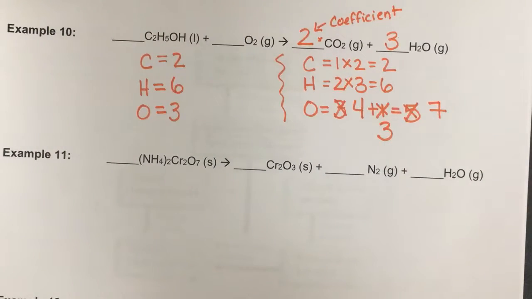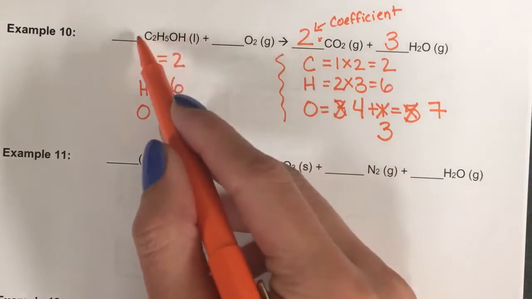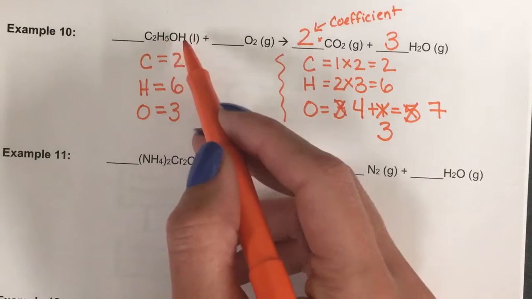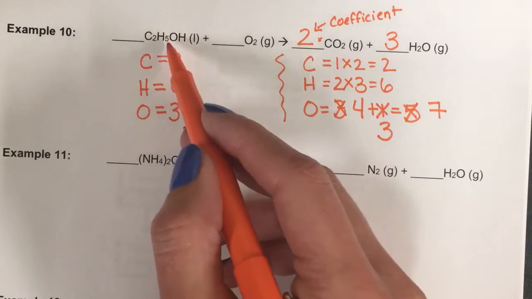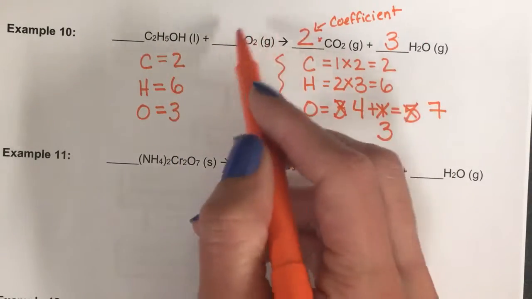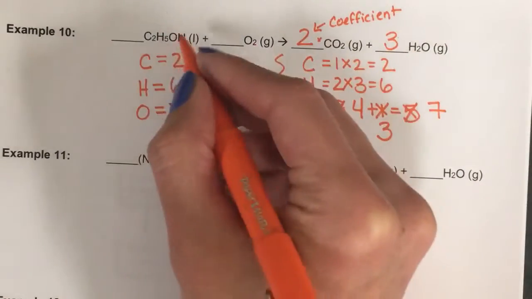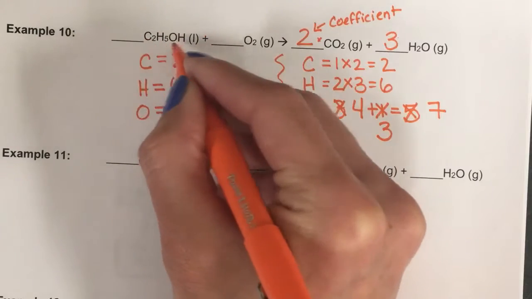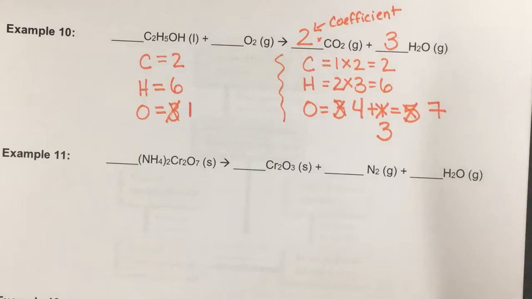Well, unfortunately, I didn't fix my O's. I fixed everything else. So now I need to look at this side of the equation. I don't want to mess with this compound. And the reason I don't want to mess with this compound is I'll screw up my C's, I'll screw up my H's, which are already fixed. I just want to mess with these O's here and hopefully make it work. So, since I'm not working with this compound, I already have 1 O that I'm leaving alone.